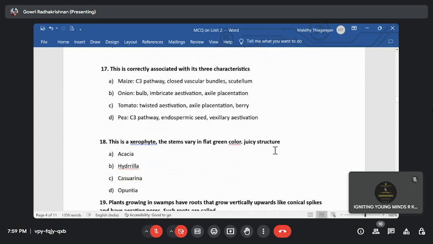Now 17, this is correctly associated with its three characteristics. Option B, ma'am. Option B, onion bulb, imbricate estivation, axile placentation.